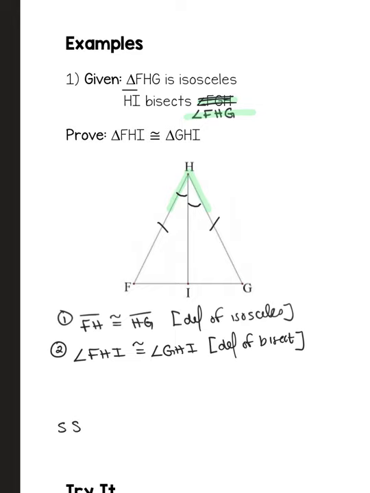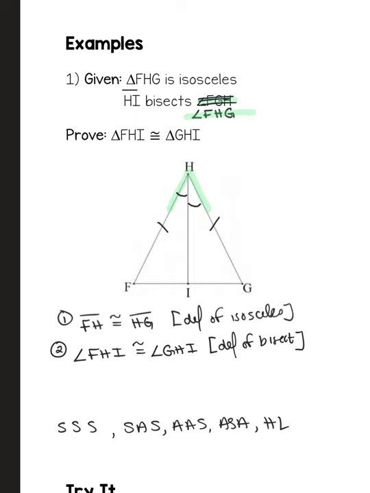If we think back to what our congruence postulates are, we need three pieces of information. Three sets of congruent things. Or if we have a right triangle, we can use hypotenuse leg. We don't have a right triangle here, which means we need more information. So I used up all my givens.